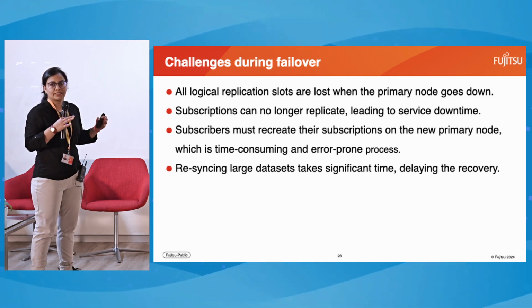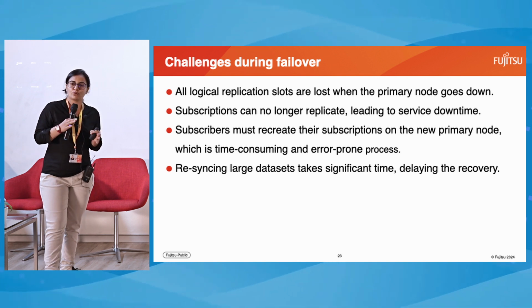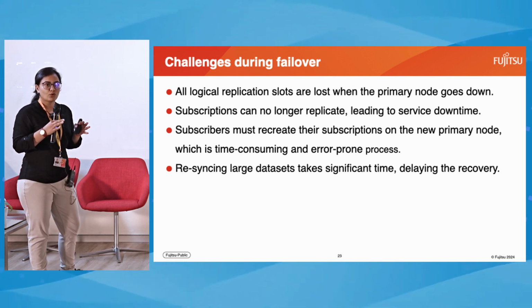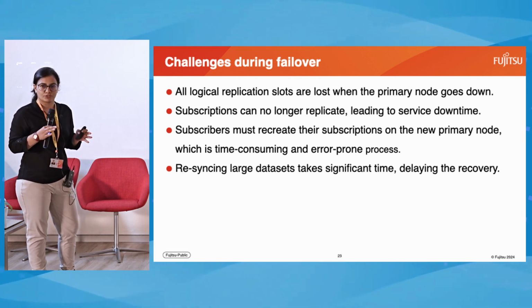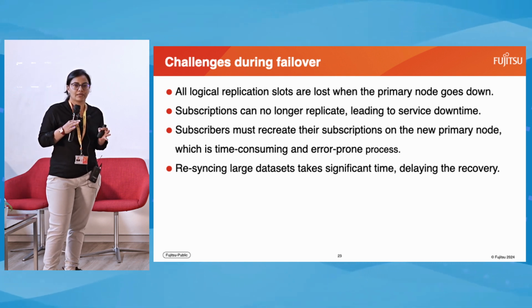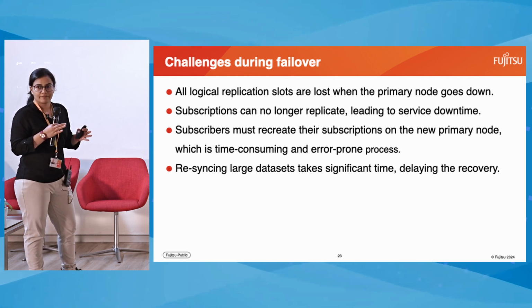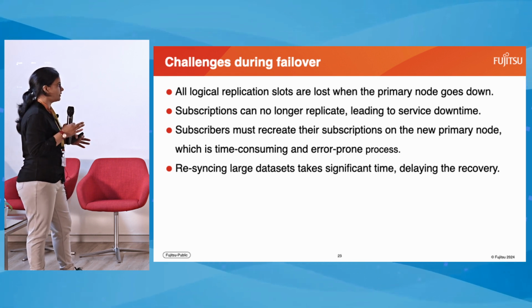So we face some challenges during this failover process. As soon as the primary node goes down, all the logical replication slots are lost, and the subscription can no longer continue. That's why there will be a service downtime for whatever application is using the subscriber.